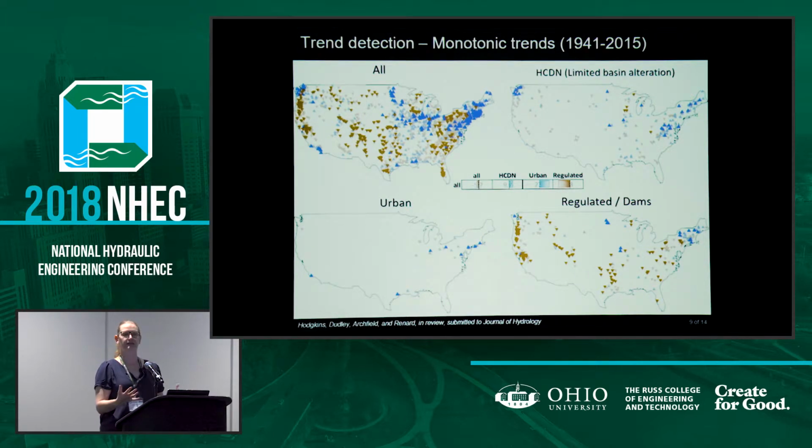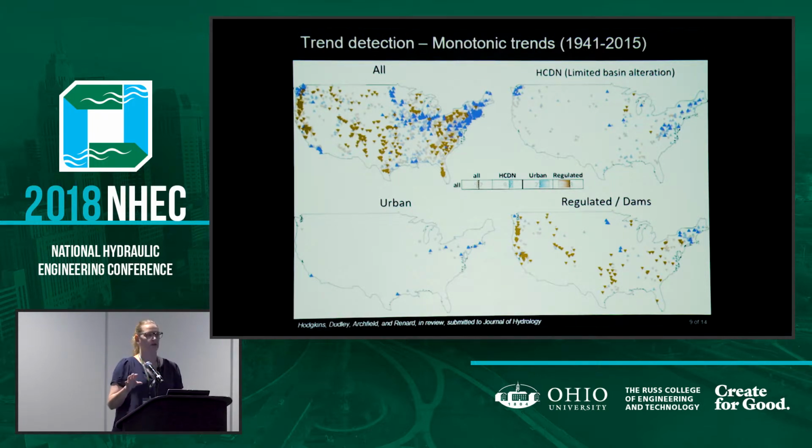And you can see this is pretty typical of what you would see in other trend papers: a mix of increases and decreases, although there is strong regional cohesion. In the Northeast, in the central United States, and in the Pacific Northwest, we see a propensity for increasing floods, annual peaks over time.